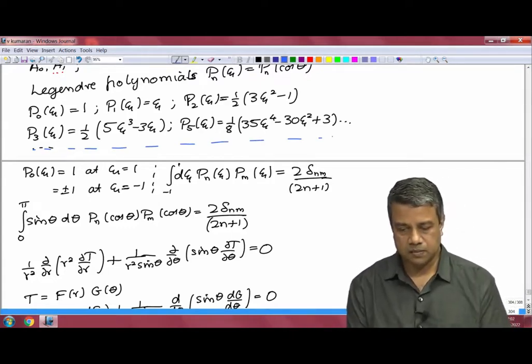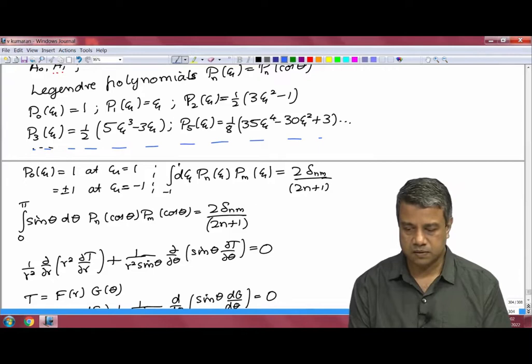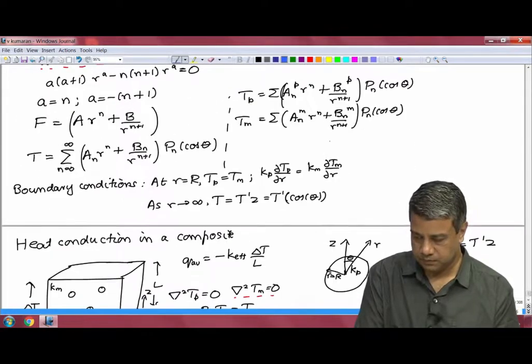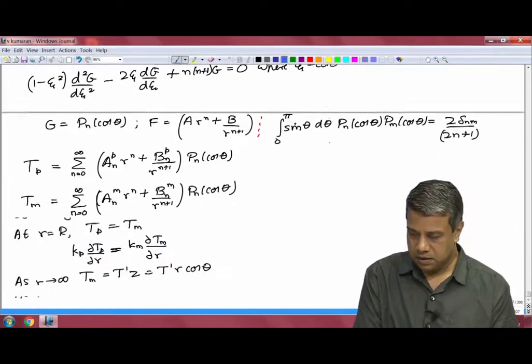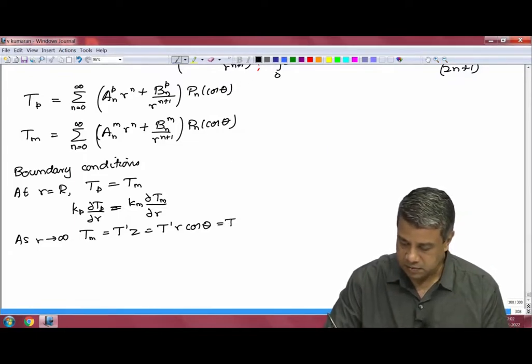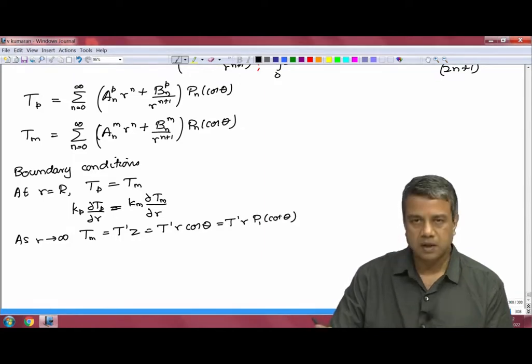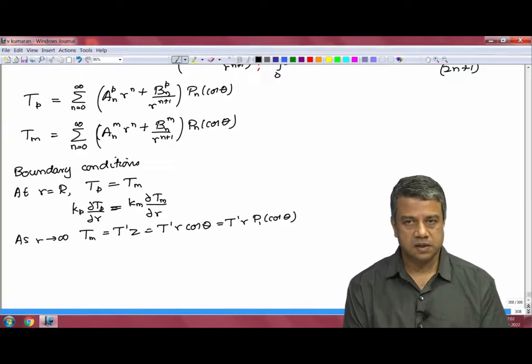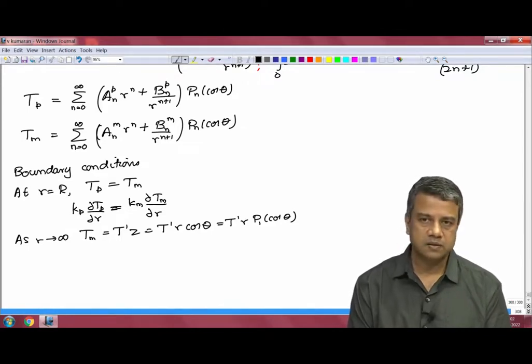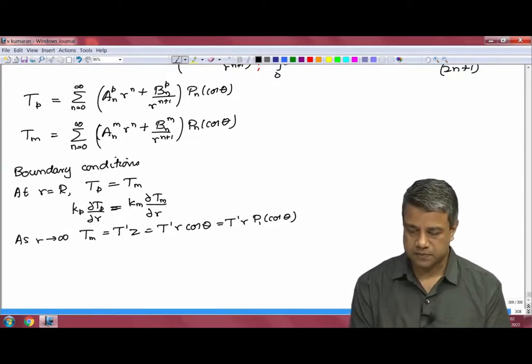P0 is equal to 1, P1 is equal to psi, P2 is equal to 3 psi square minus 1 by 2, etc. Therefore, this can also be written as T prime r times P1 of cos theta, because P1 of cos theta is equal to cos theta itself. P0 is 1, P1 is cos theta, polynomial of order 1. P2 is 3 cos square theta minus 1 by 2, etc.